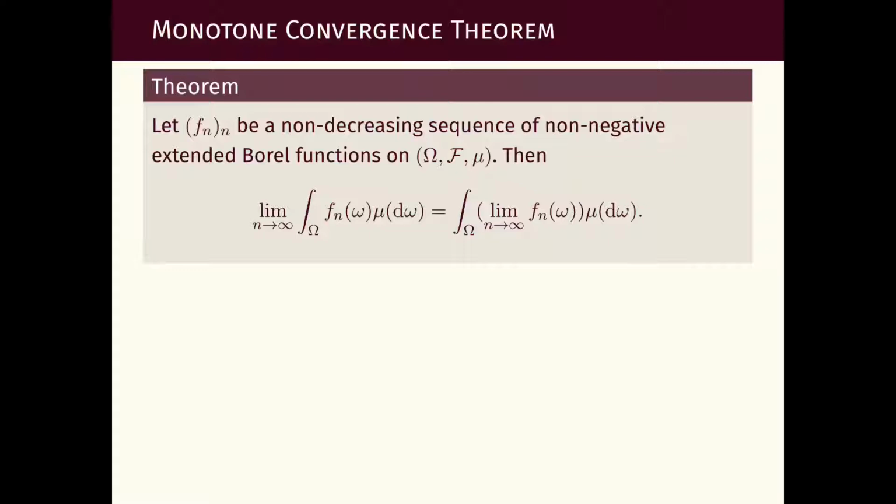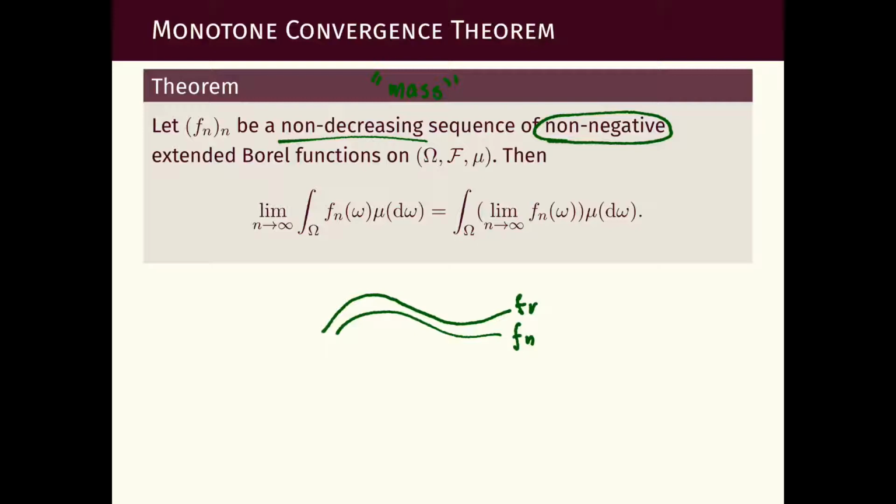And in which context? Well, first of all, in a context where it makes sense to talk about mass. So we're talking about non-negative things and increasing. So we have a function, fn, and then we have a slightly larger function, fn+1.